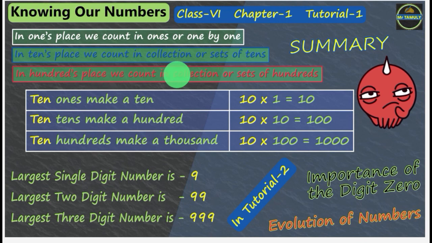Similarly in hundreds place we count in sets of hundreds. The second important concept is 10 ones make a 10, 10 tens make a 100 and 10 hundreds make a 1000. And the last thing that we have learned is the largest single digit number is 9, the largest two digit number is 99 and the largest three digit number is 999.